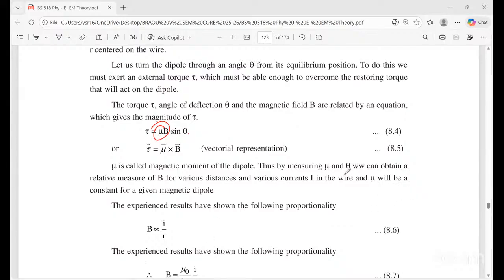And also, if the conductor allows such a current through it, mu will be a constant for a given dipole.